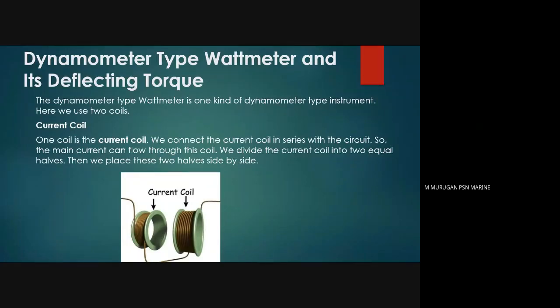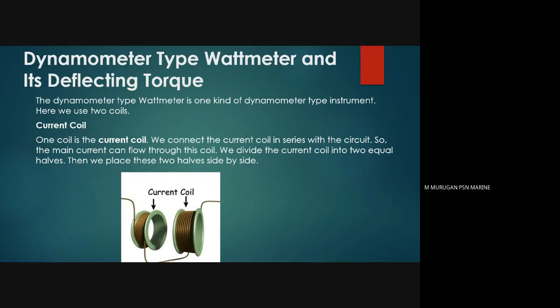In the moving iron instrument, we use a single soft iron or two soft irons to get the attractive and repulsive force for producing the deflecting torque. So today we are going to see the dynamometer type wattmeter and its deflecting torque.